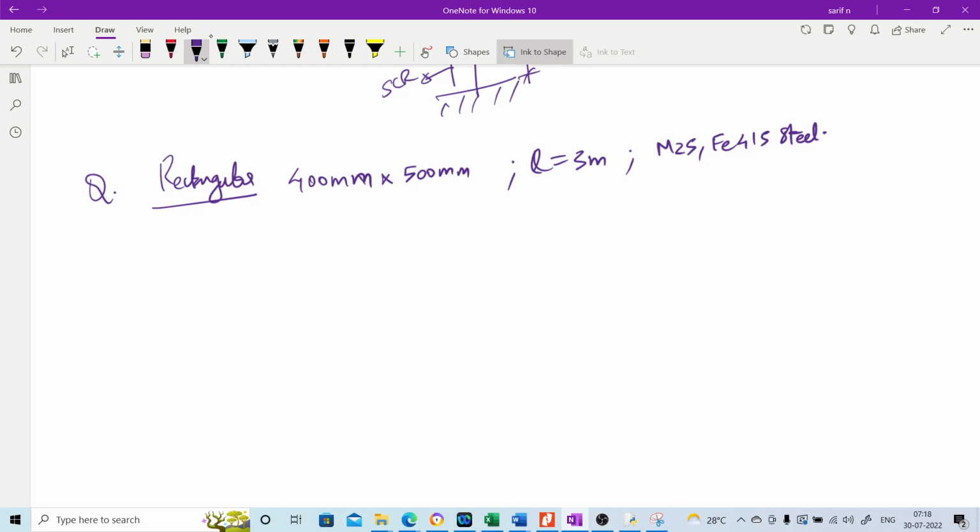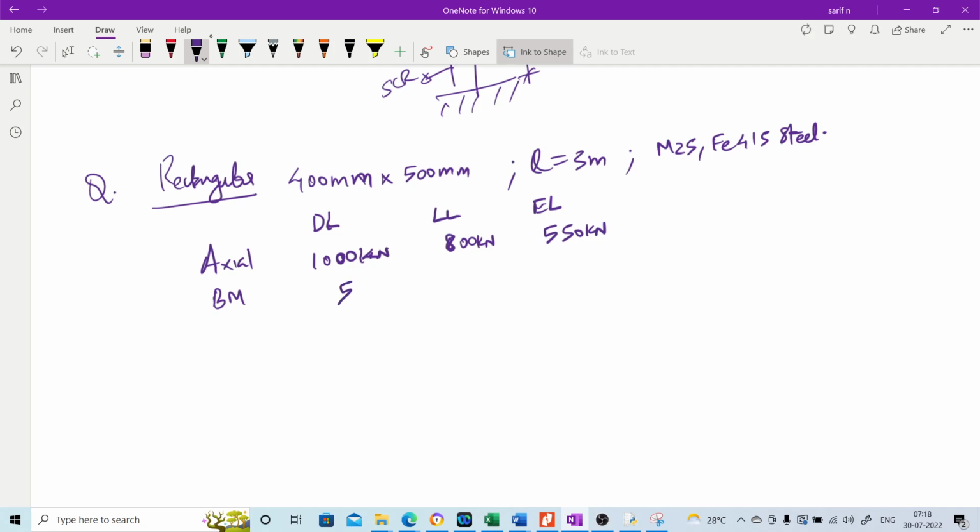Now the loads. The axial load that is acting on the column, then we have the bending moment acting on the column. We have different cases: dead load, live load, and earthquake load. In dead load, the axial load, let us say, is 1000 kilonewton, in live load, let us say it is 800 kilonewton, and in earthquake it is 550 kilonewton.